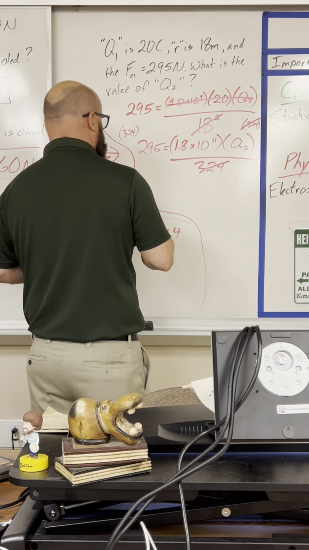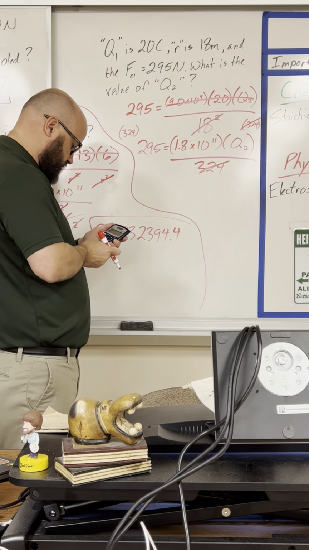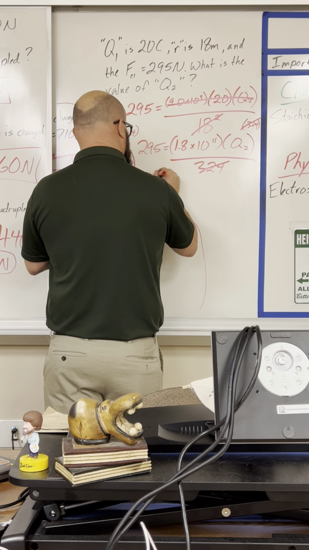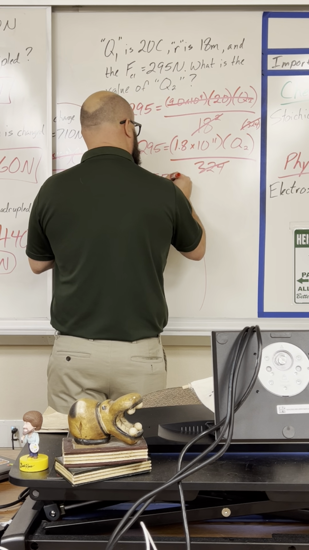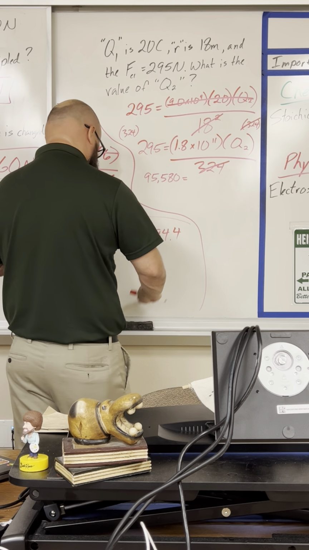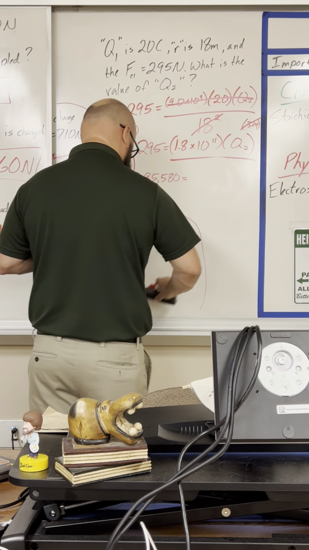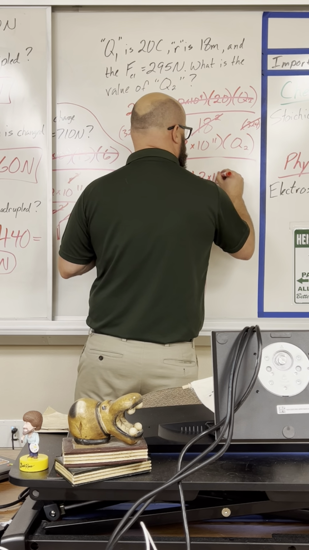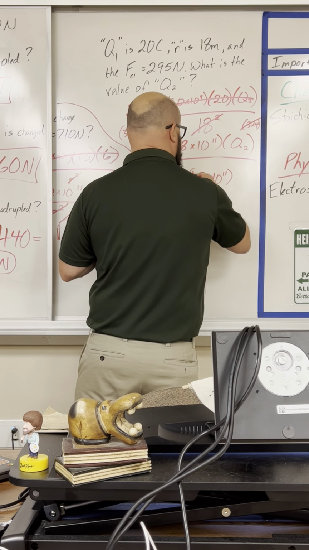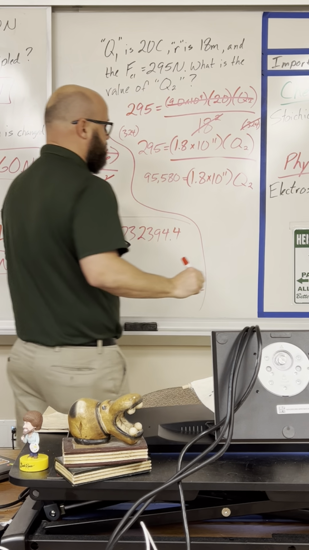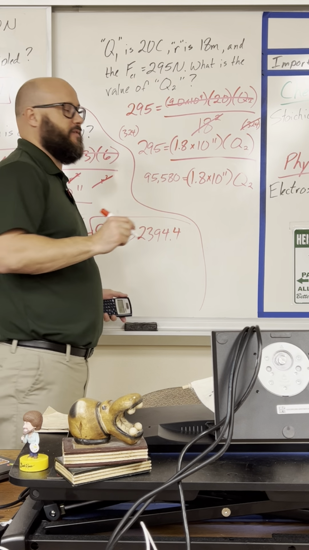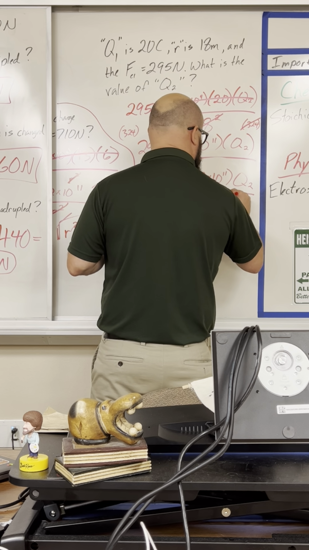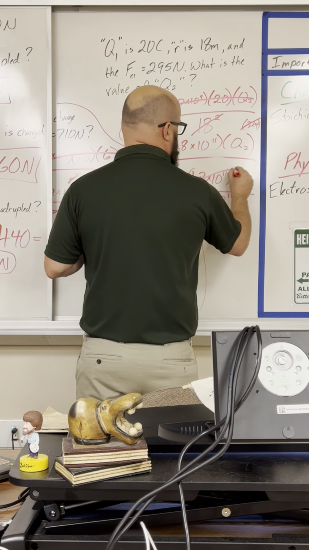Cancel, cancel, times, we end up with 95,580 equals 1.8 times 10 to the 11th times Q2. Last step, divide off this 1.8 times 10 to the 11th. Cancel, cancel.